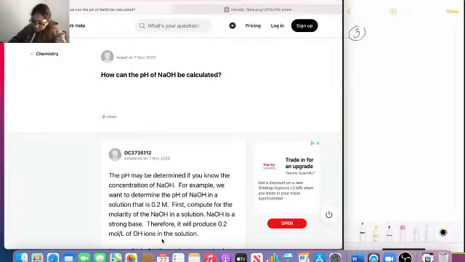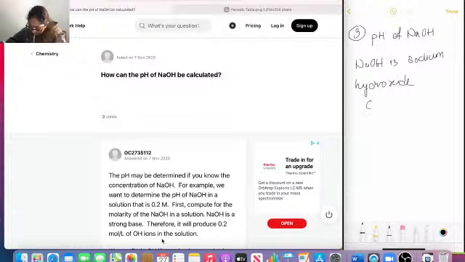Number 3. How can the pH of NaOH be calculated? NaOH is sodium hydroxide, right?